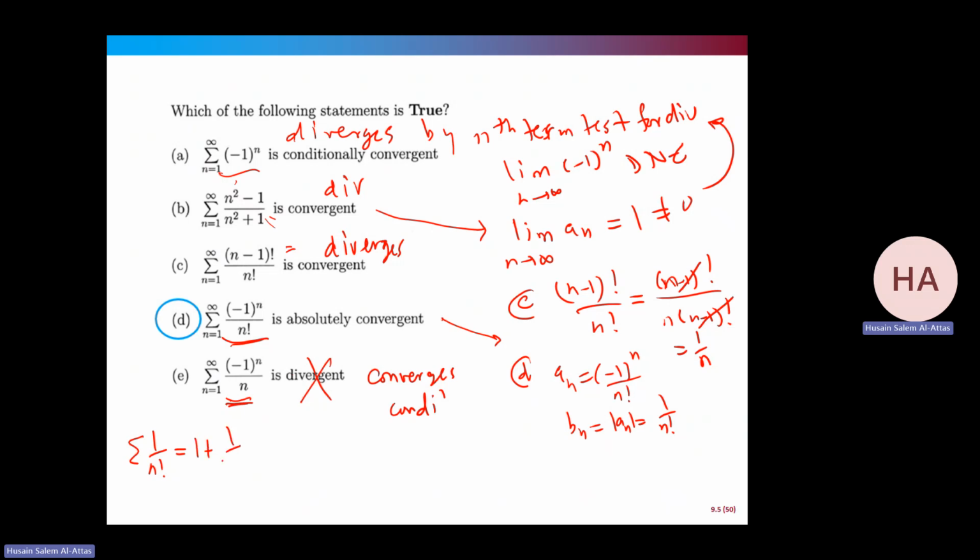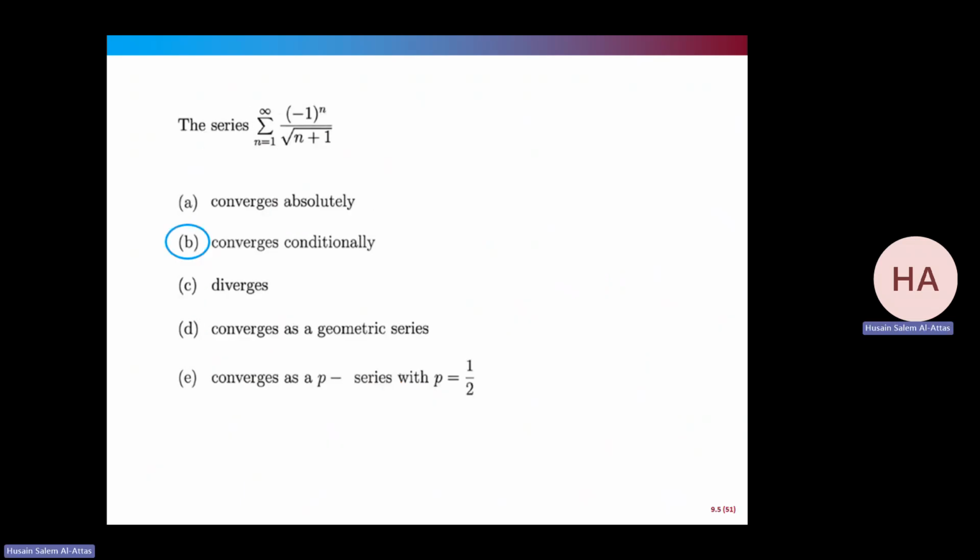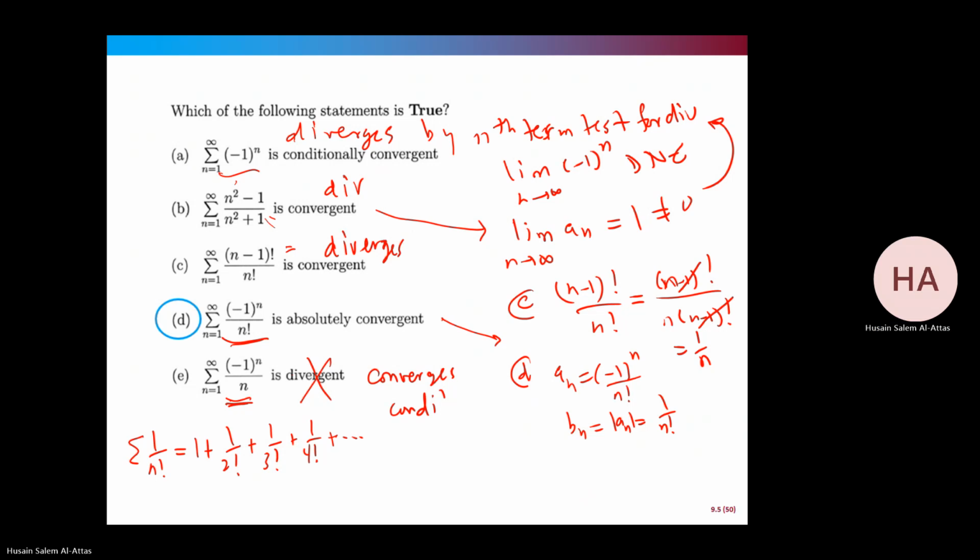It is 1 plus 1 over 2 factorial, which is 1 plus 1 over 2.